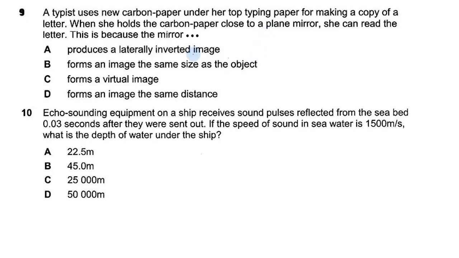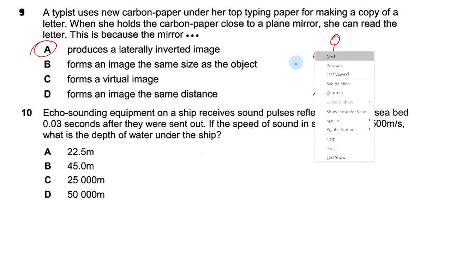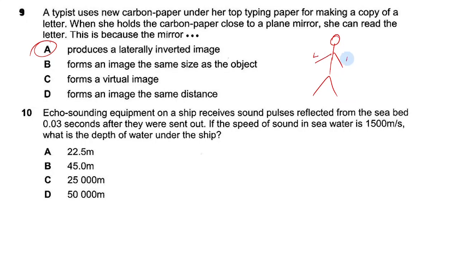So they're saying the mirror, she can read the letter. This is because the mirror has produced... I think the answer is this one. It makes sense because when you look at your mirror, if you are a human being like this one here, and this is your left-hand side, in reality, if you are not looking at the mirror, this is your left and this is your right.